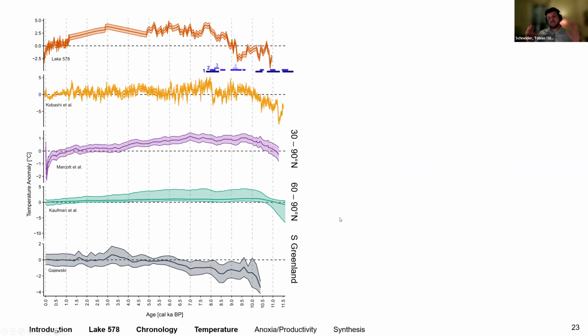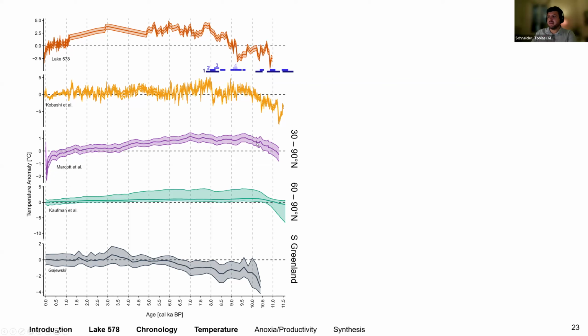If we set this temperature reconstruction now in a larger, regional context, we can compare it to different other reconstructions. On top, we still have the anomalies of Lake 578, and then the ice core stack by Kobashi and colleagues. And then in the middle, these are all temperature anomalies. So we find the time here from early Holocene through late Holocene.